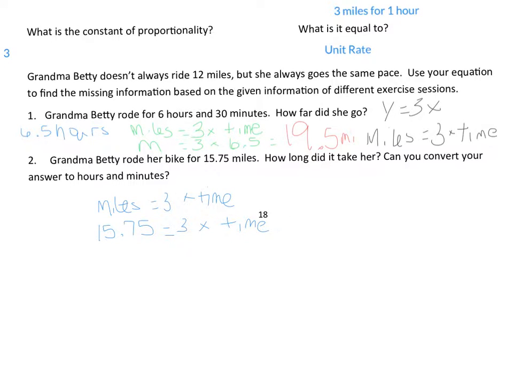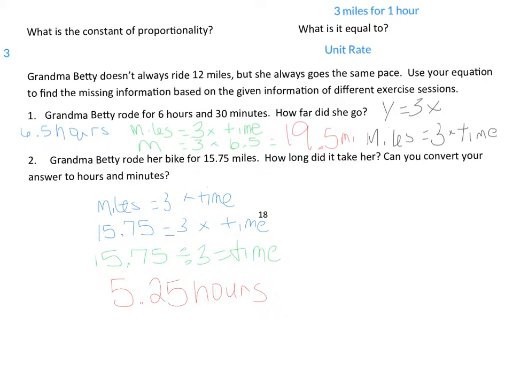Well, we know to solve this equation, we have to do the inverse of multiplication, meaning we are going to divide. So we take 15.75 and divide it by 3, and that's going to tell us the time. So this tells us that she rode for 5.25 hours.